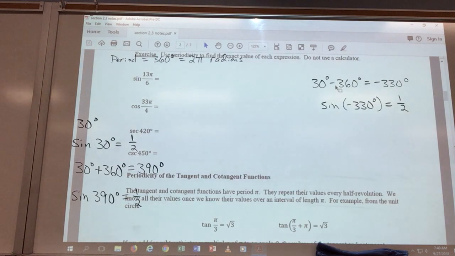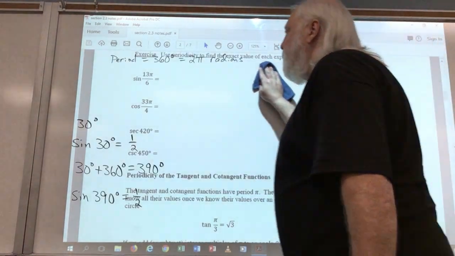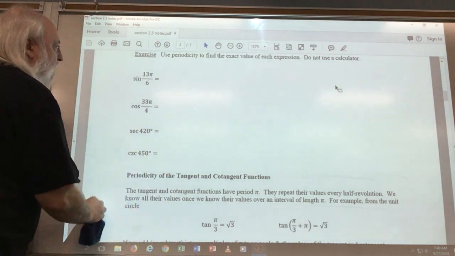On top of page 2, we have some examples. We're going to be working with radians in the first 2 examples and degrees in the last 2.